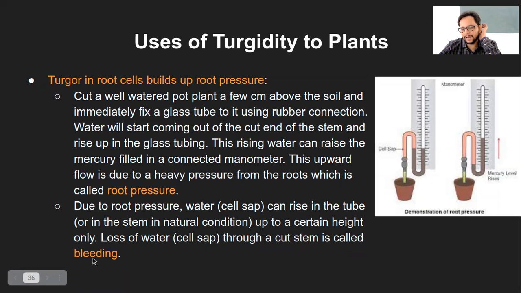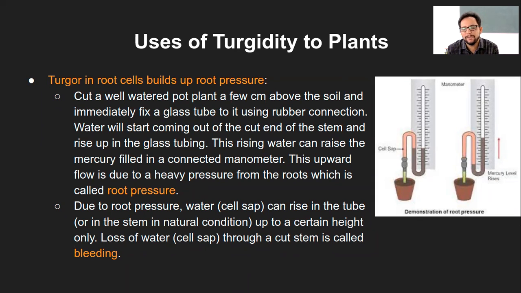Now, bleeding is another phenomenon. For example, if you don't cut the stem completely, but just make an injury to it, like a deep wound on the trunk of the tree, then the water comes out from there. Again, you may not see this always.